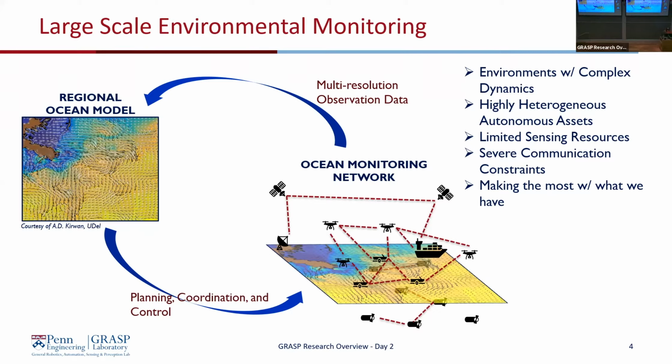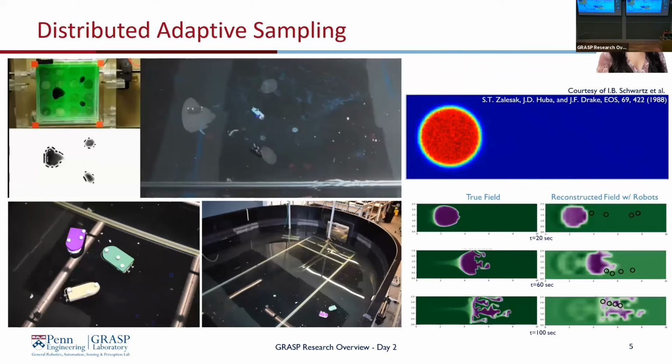A lot of the idea here is how do we make the most out of the data that we can collect and build the best, most predictive models that will allow us to be used for improved planning and control of our vehicles in these environments.